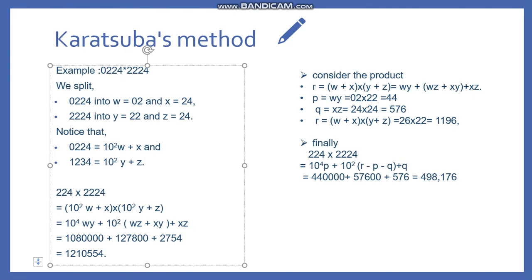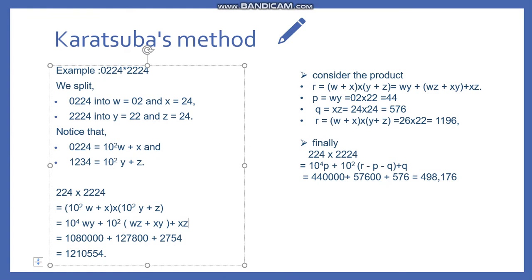Now we need to multiply these two numbers in this format. After applying the mathematical formulation, we get this formula. Here we require wy, wz, xy and xz, so we need these multiplications for the answer.